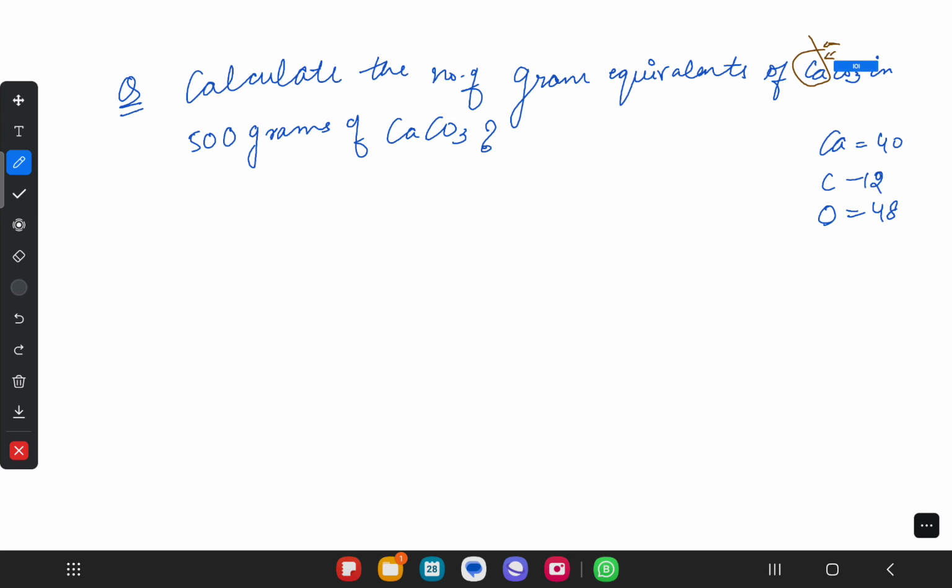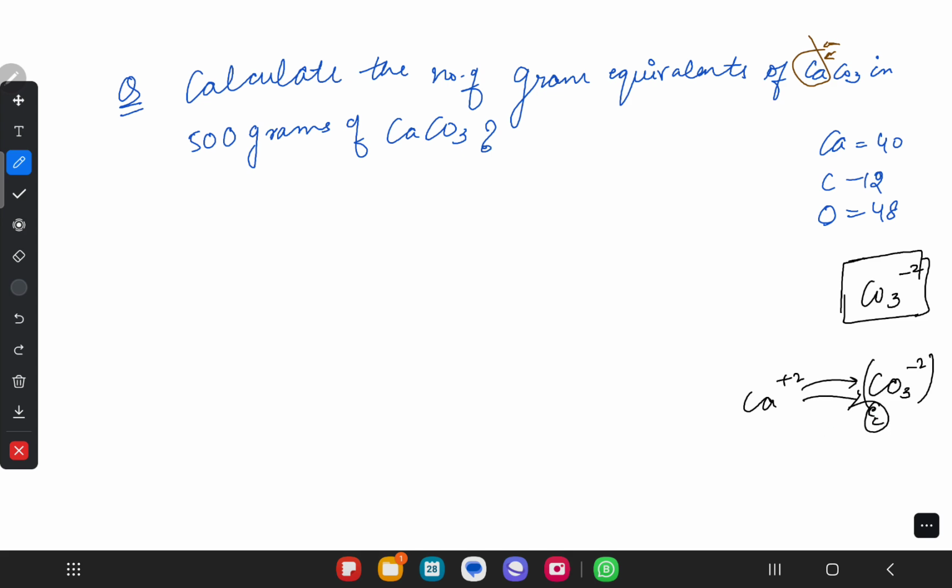What is the charge of carbonate? Carbonate is -2. So from calcium to carbonate, 2 electrons get moved. So the N factor is 2, and the gram equivalent mass is 50.